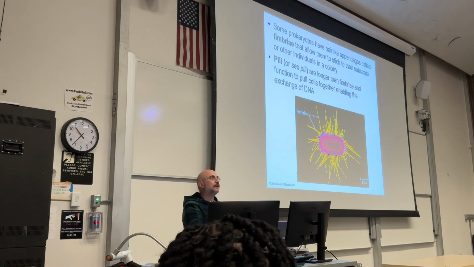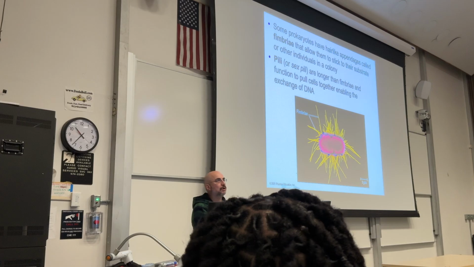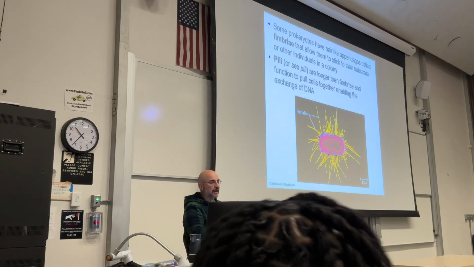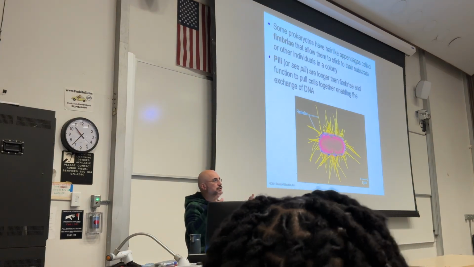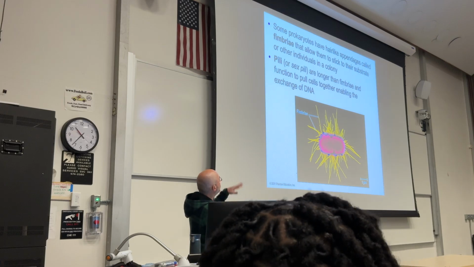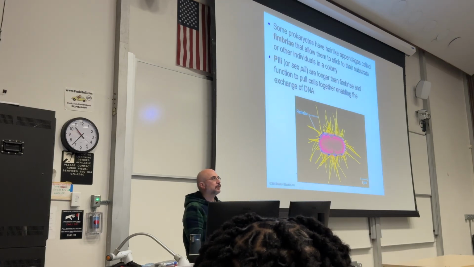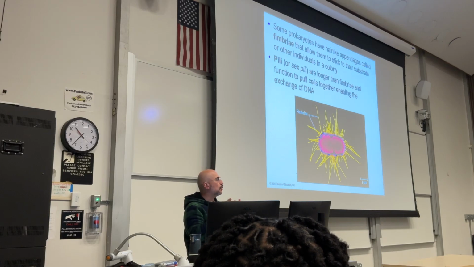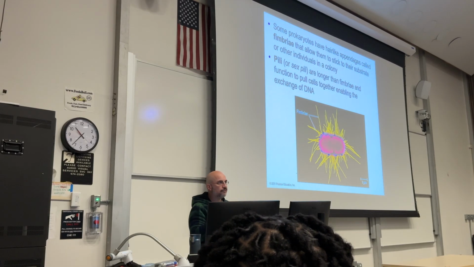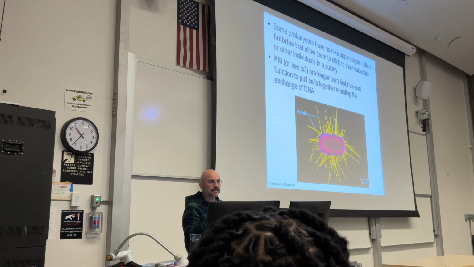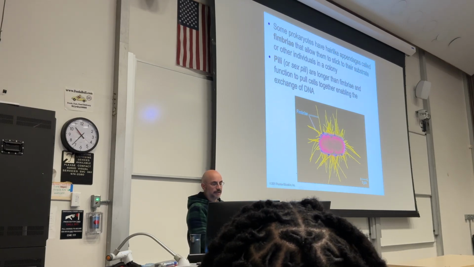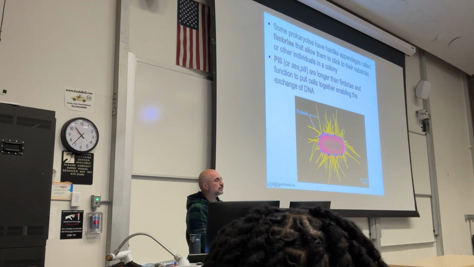Now, some other structures that are very common to be found in bacteria are these extensions that the technical term is fimbriae. And there are different types of fimbriae. Some of them are like sensory organs that will allow the organism to know if it is moving in the right direction in an appropriate environment. Others are going to be called pili or sex pili.